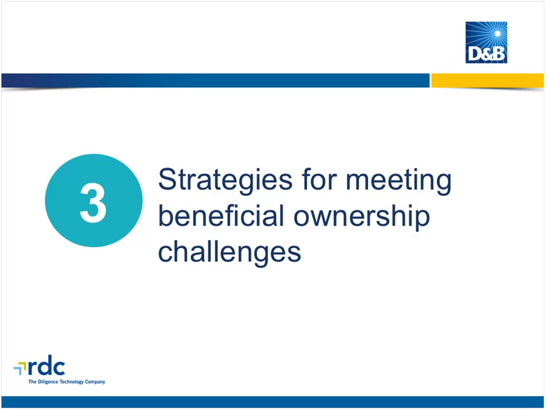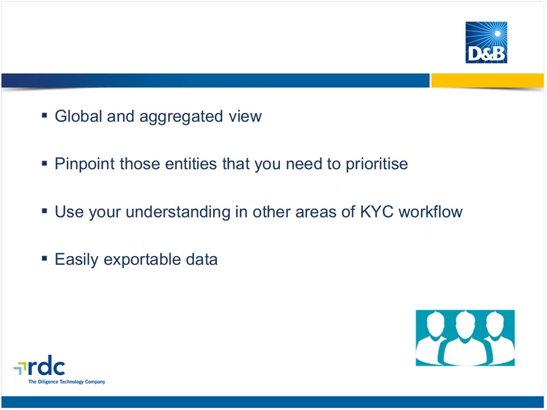At D&B and RDC, we have been looking at some ways to help you achieve this more easily, more accurately and ultimately more cost effectively. Firstly, I'd love to say that there is a way that a person in your organisation could press a button and the data software solution could identify the ultimate beneficial owner every time so you could move forward.